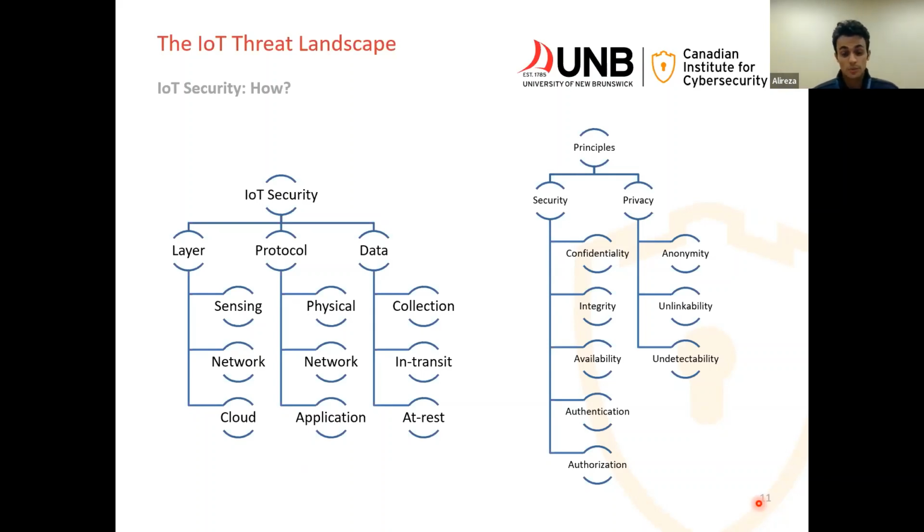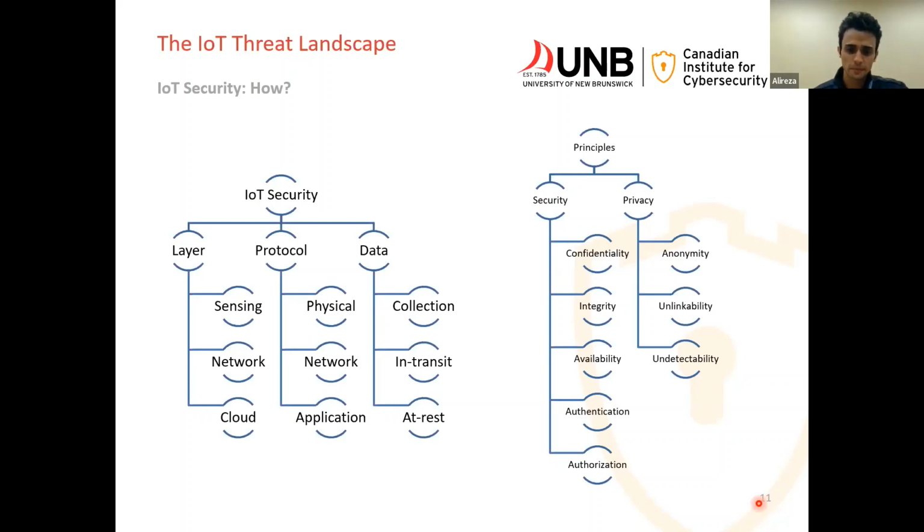Availability is a big problem because IoT devices are vulnerable to having their availability easily denied, or they could be used in order to attack others and disable their availability. We need authentication for both devices and users, to make sure the entity we're talking to is the one who we think he, she, or it is. And authorization, we want to make sure that that user or entity is doing what he, she, or it is supposed to do, not more.